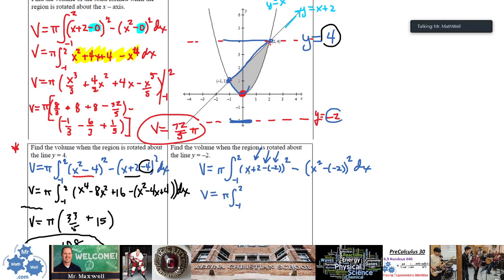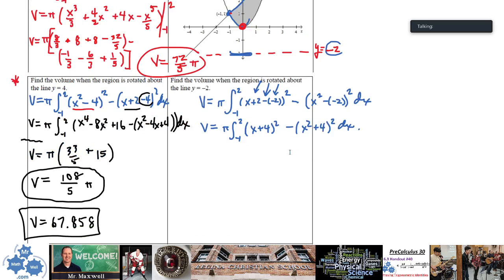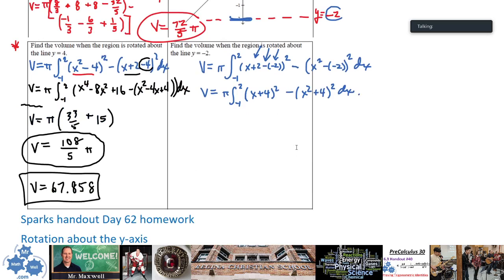That's actually going to be x plus 2 plus 2, so that's going to be x plus 4 squared, minus x squared plus 2 squared. Slight change here, x squared plus 2, not plus 4 there, my bad.